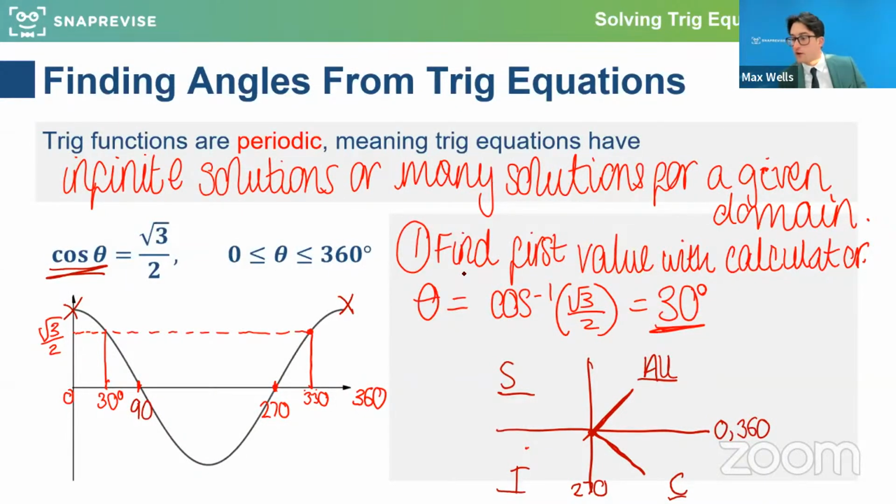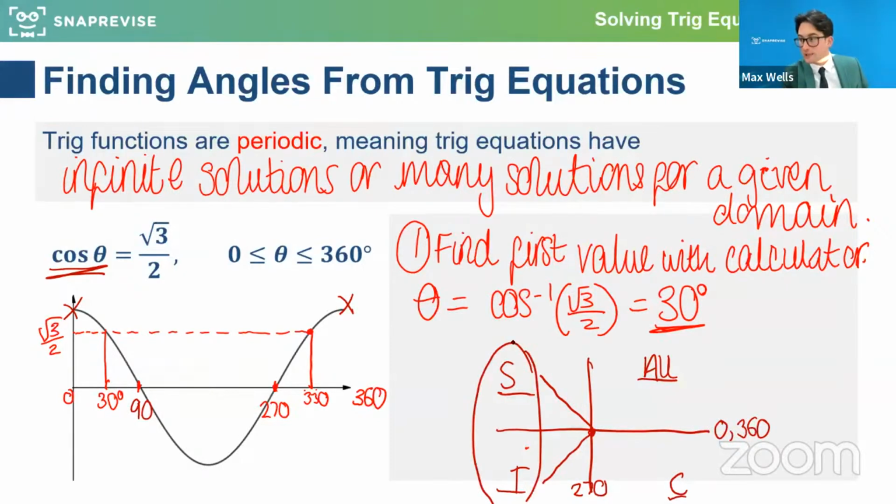Cos was negative. Very good question. Excellent, Zach. So if cos was negative, what you would find is when you did it in your calculator, the principal value would probably come out as a minus number, or an obtuse value. So your first value would actually be in there and your other value would be in here, because in these two, cos would be negative. That was a brilliant question.